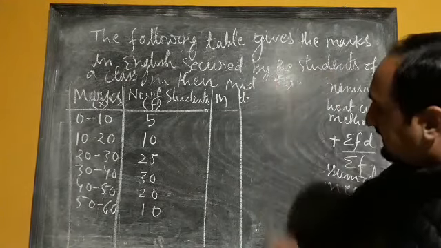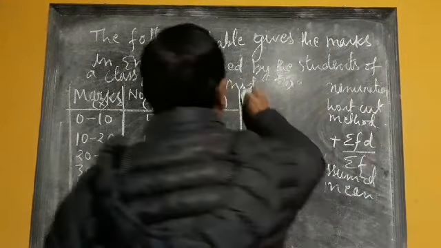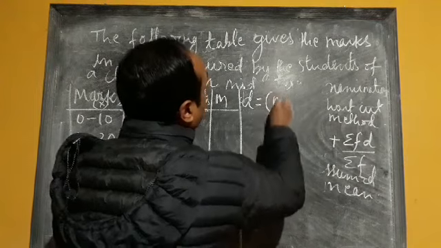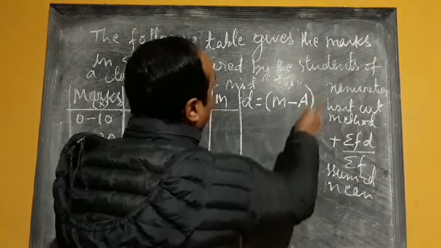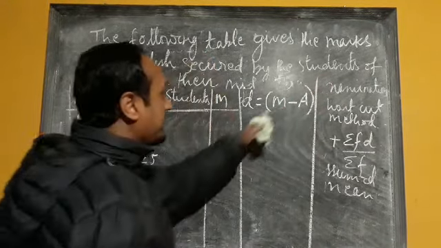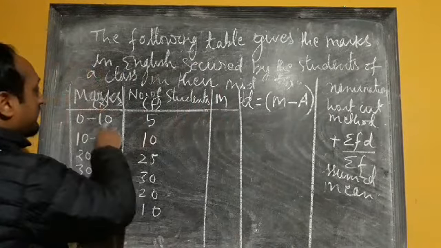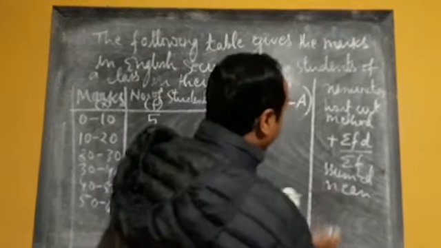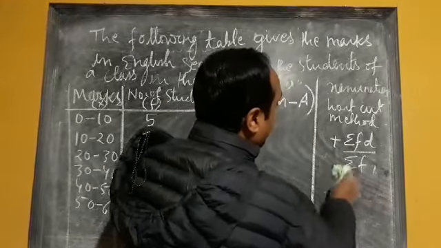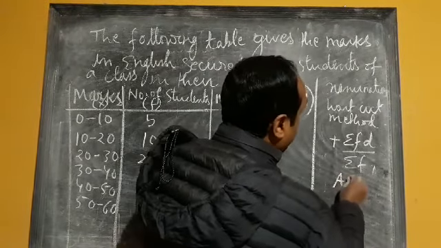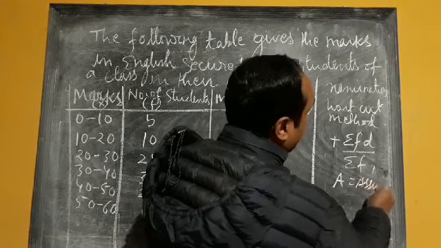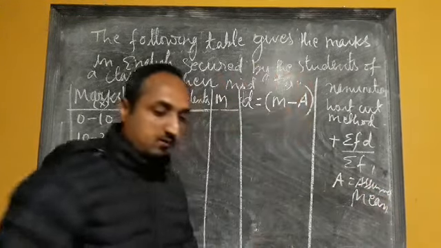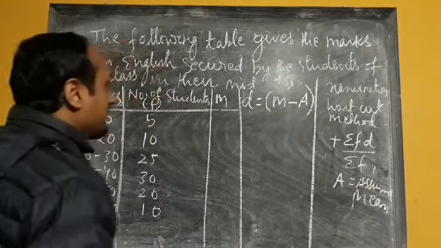So d equals m minus a. m is our mid value, whatever we calculate from here, and a is our assumed mean.